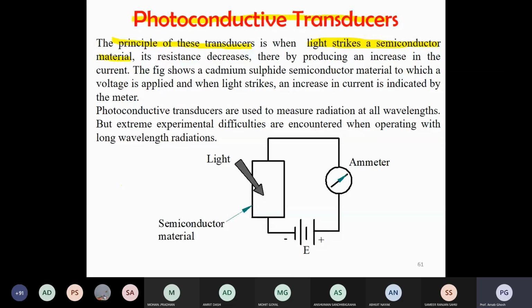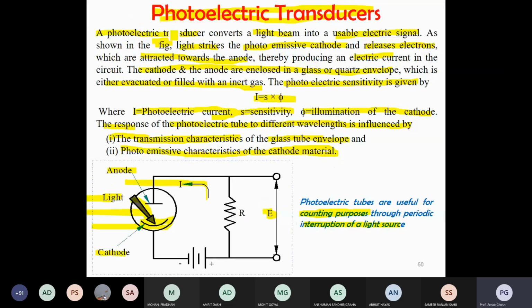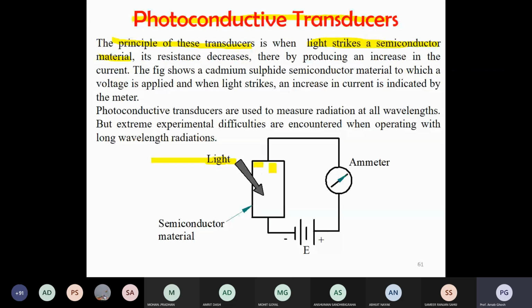the current. The figure shows a cadmium sulfide semiconductor material to which a voltage is applied. When light strikes, an increase in current is indicated by the meter. That semiconductor film is sensitive to the light beam, and this may cause a change in the resistive path of the semiconductor film.